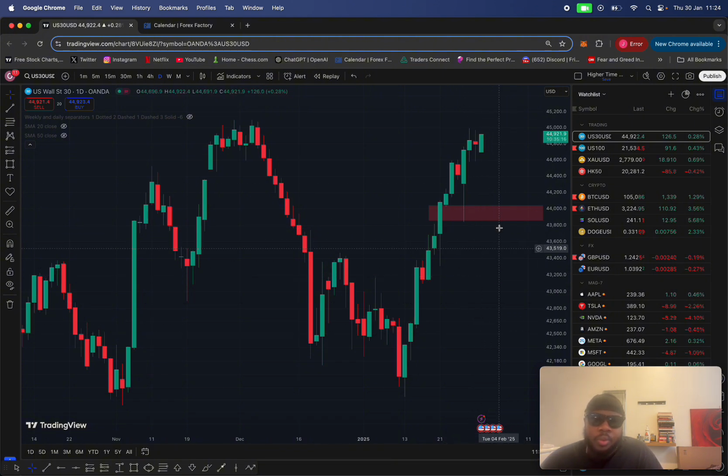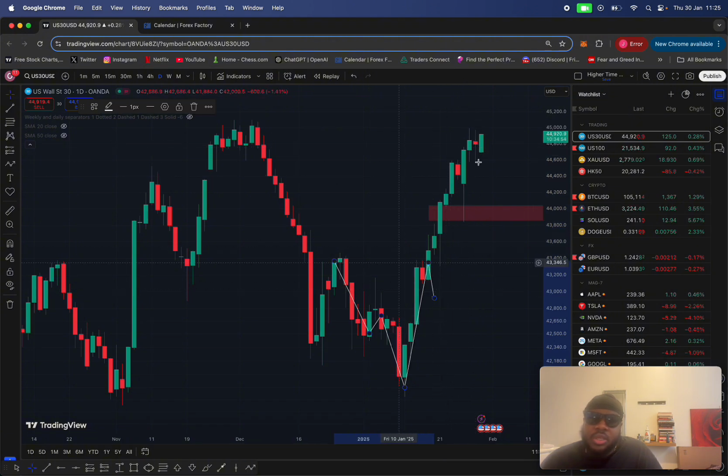So look, what I showed you guys previously is once you've understood how institutional order flow works, when you have a break below structure, you have obviously a downtrending market, followed by a break above this level here. We have a slight pullback into a fair value gap here, and then price continues higher.